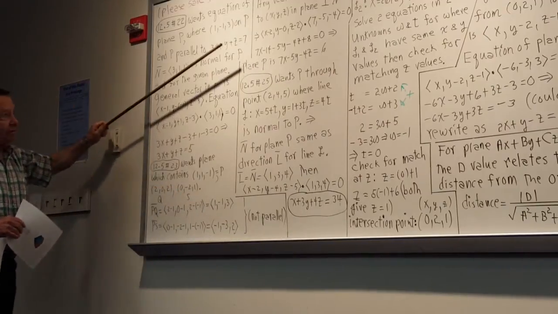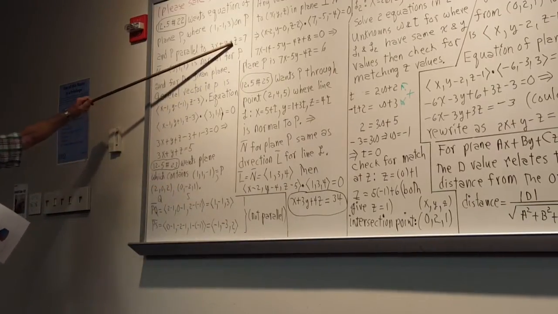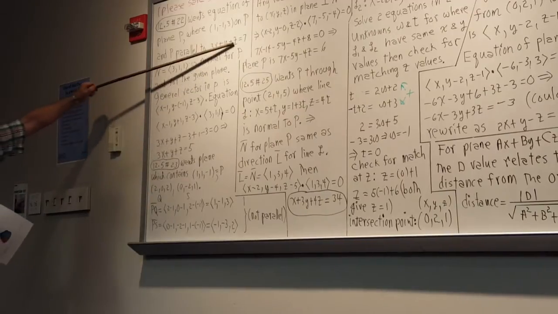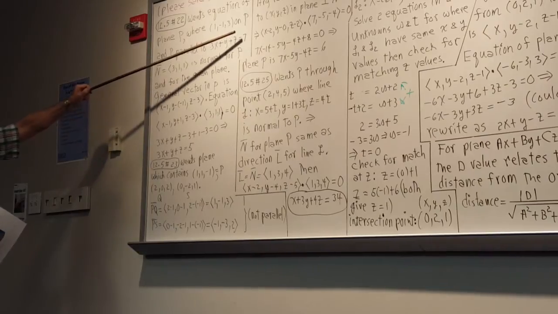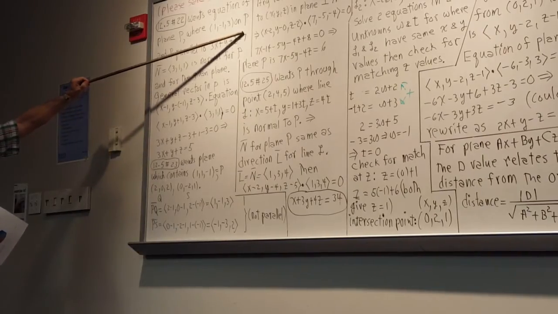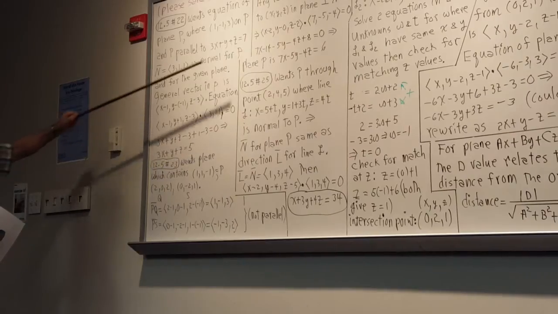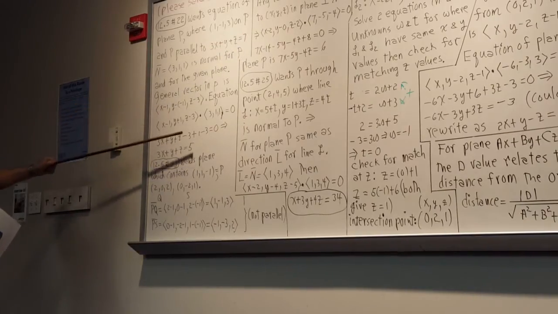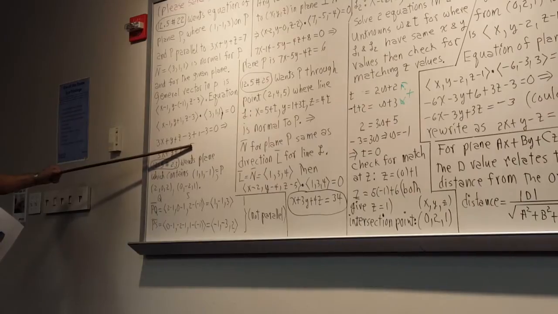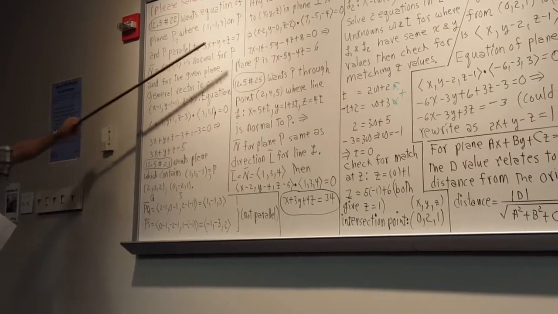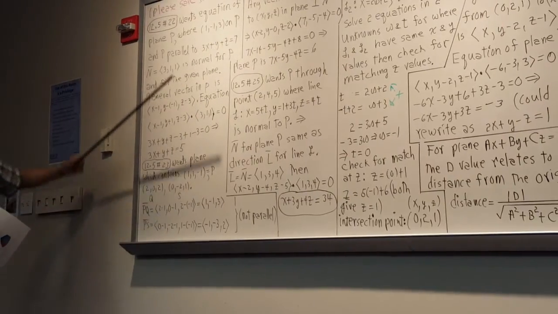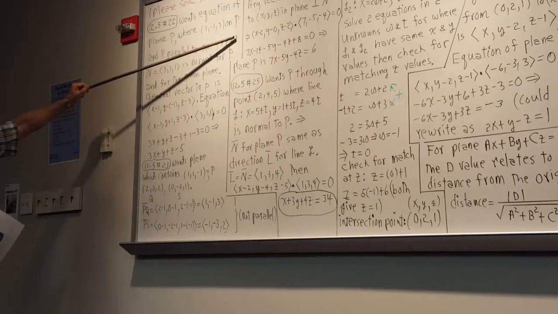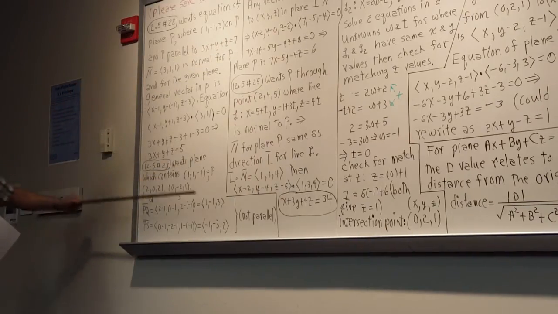And when we were doing this, you notice that what we came out with had the same attitude numbers because they were parallel, and the difference was in this being 7 and this being 5. And I was saying that these numbers relate to how far you are from the origin. They're not what the distance is, we'll get there yet, but they're related to it. So the difference, 7 minus 5, is related to how far apart planes are.